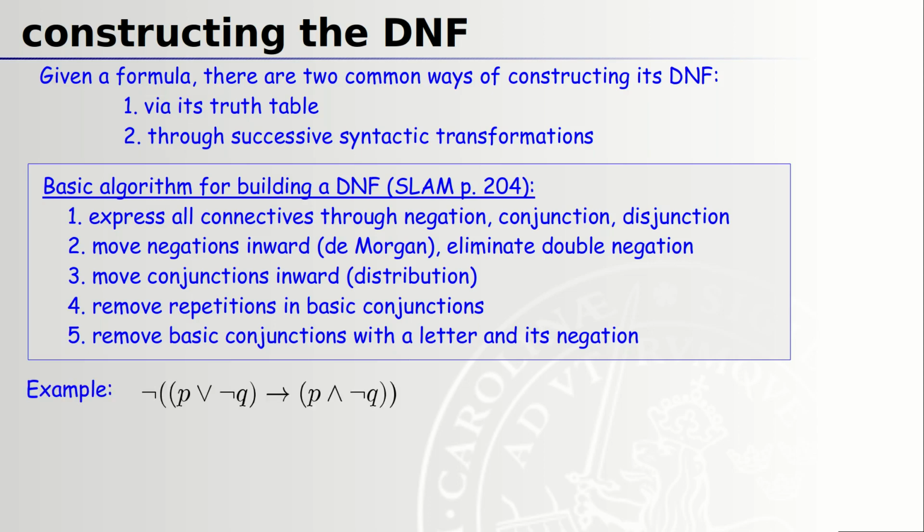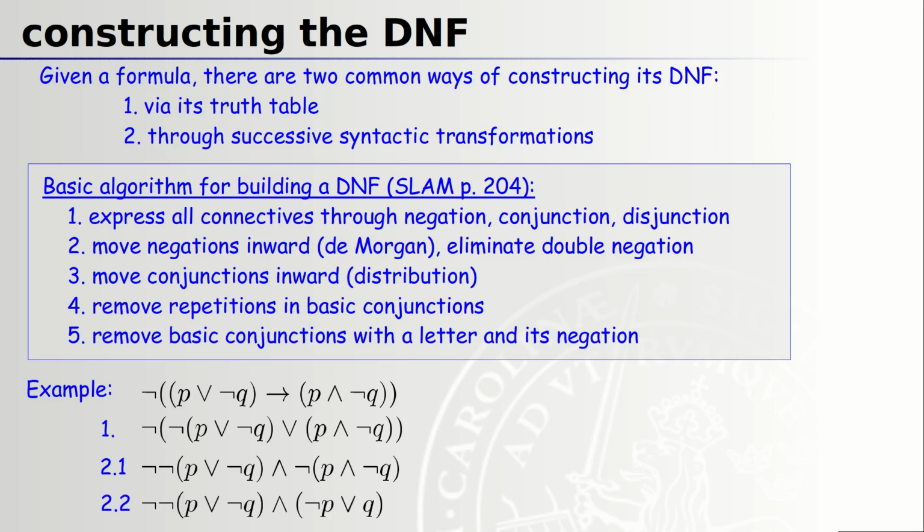Let's do this for this simple example. First, we replace the implication arrow. Then we use De Morgan's rule to move the outermost negation inside. Next, we use De Morgan again to move the negation on the right-hand term inside.